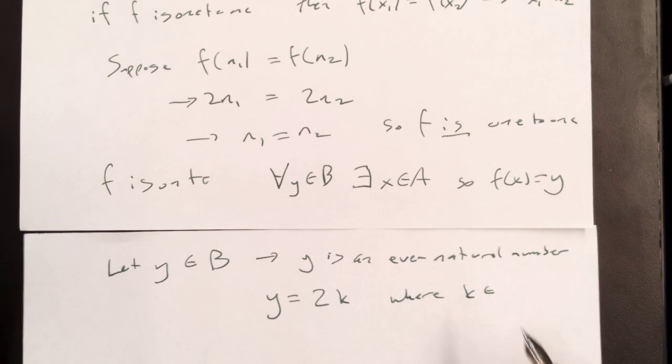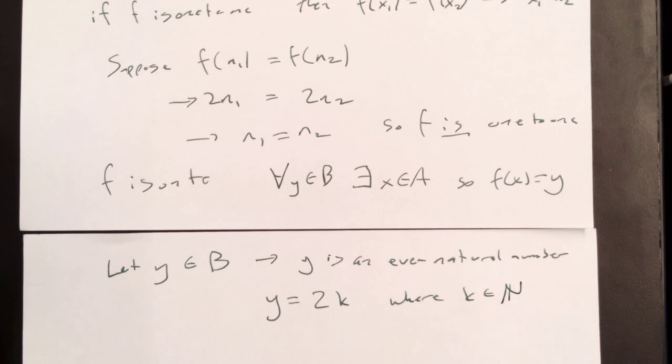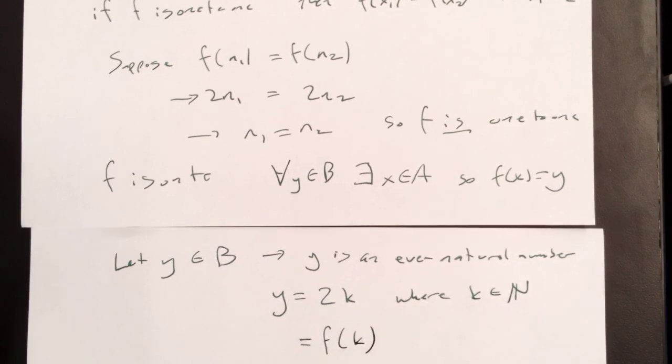So I'm going to say natural number here. Hey, wait a minute. 2k, where k is an n, that's f of k. No matter what number you pick in the second set, whatever even number you pick, if I divide it by 2, I found the a that goes to it.